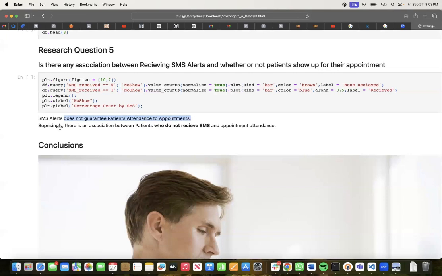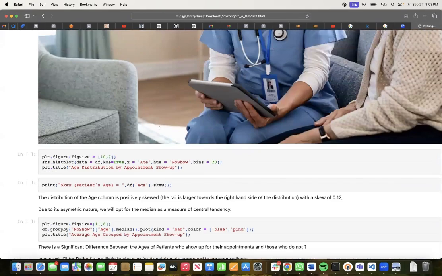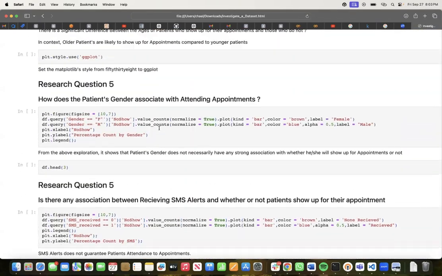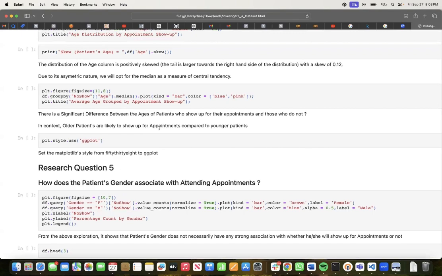Surprisingly, there is no association between patients who do not receive SMS and appointment attendance. So SMS too is not determining anything, which means there are reasons why patients are not attending, but SMS isn't part, the gender isn't part, age is part because older people are attending more than younger people.